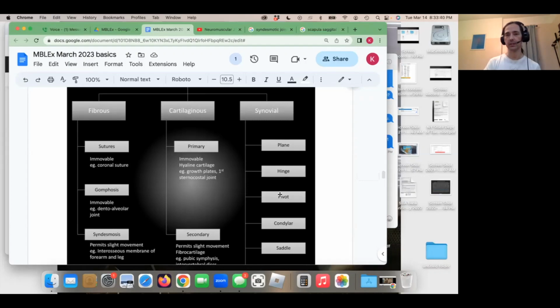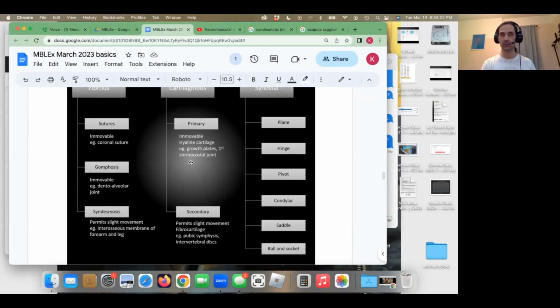Is it a plane hinge? These are all shapes, right? Plane, hinge, pivot, condylar. Primary and secondary are also shapes, although they're less obvious names of shapes. Secondary is also called a symphysis type joint, and then primary is called syndesmotic, and that may or may not be familiar to you as a type of joint shape.